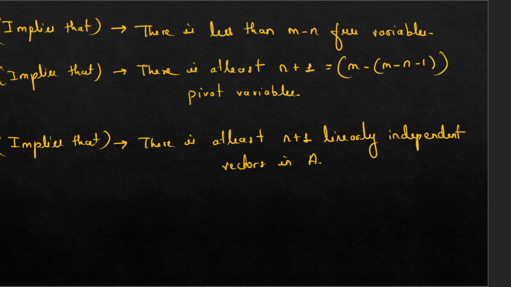After that I can similarly say option B. So how is option B false? Let's see. Because it's not always the case that every solution of Ax equals to 0 is a linear combination of m minus n linearly independent vectors.